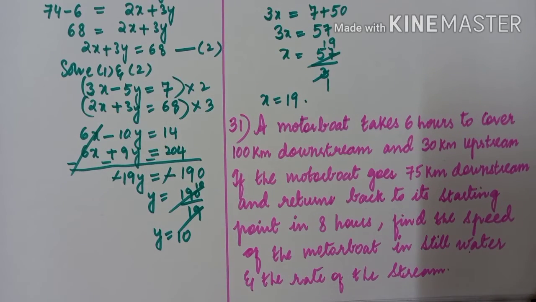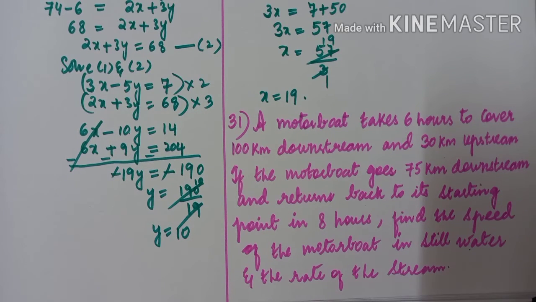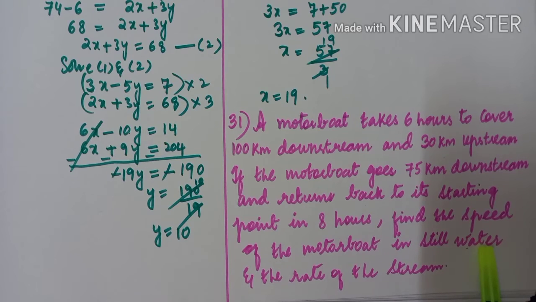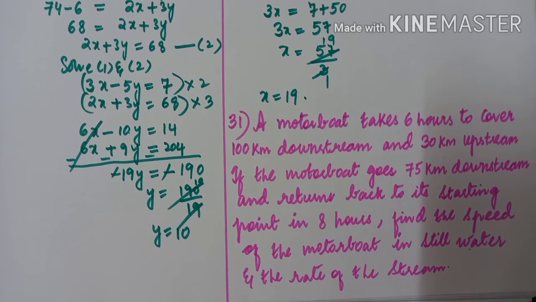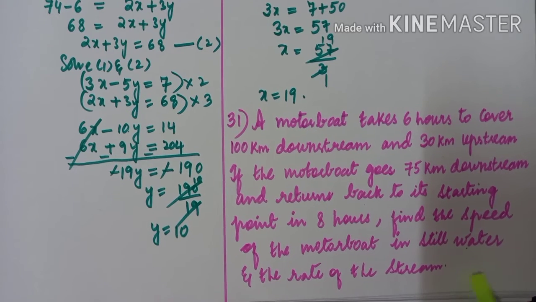So whatever we need to find out, let us just assume those values, whatever unknowns we are having. So what we can assume over here, let the speed of a motorboat in still water be x kilometers per hour, and the speed of the stream we will take as y kilometers per hour.